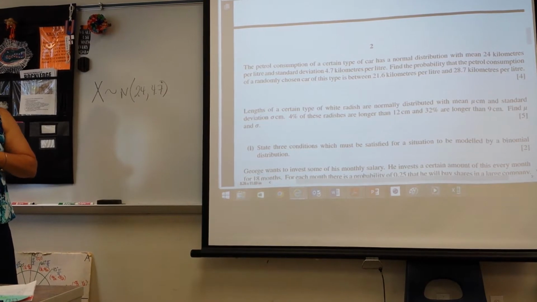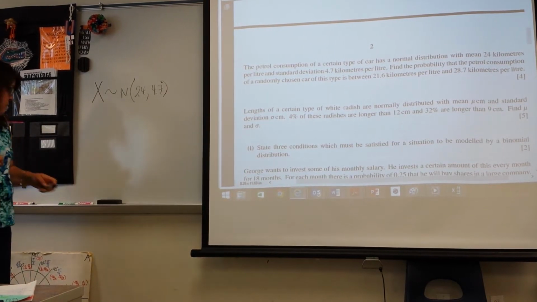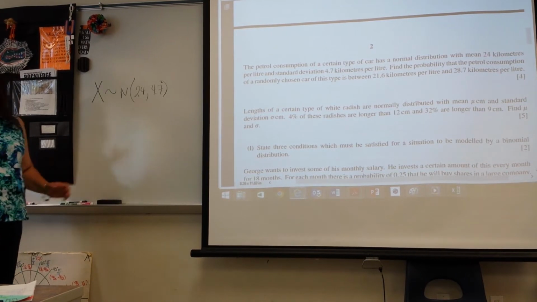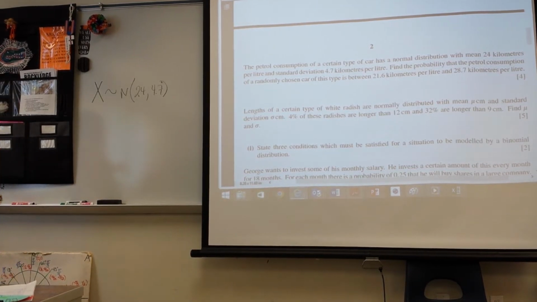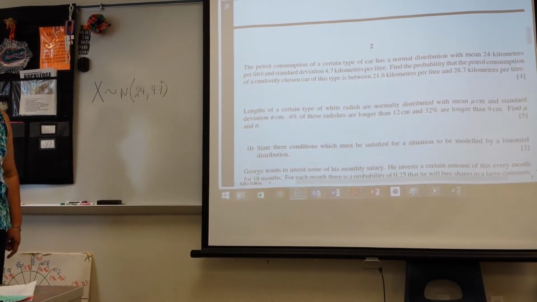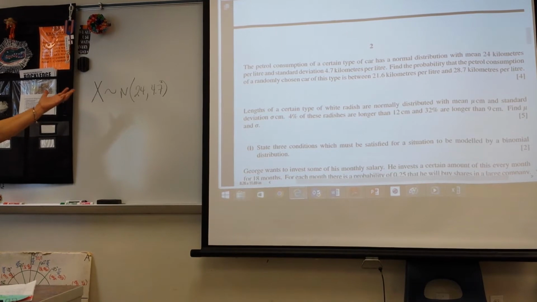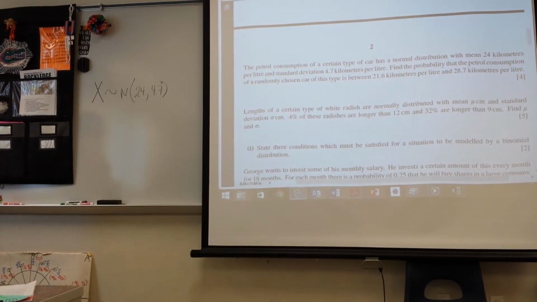That's the formula, because it wants the variance, and the variance is the standard deviation squared. We don't care about the variance itself, but the formula asks for it.